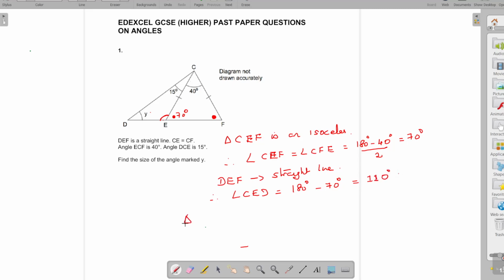Now if you take the triangle CED, y plus 15 plus 110 is 180. Therefore, y is equal to 180 minus 110 plus 15, which is 125. 180 take away 125 is 55.